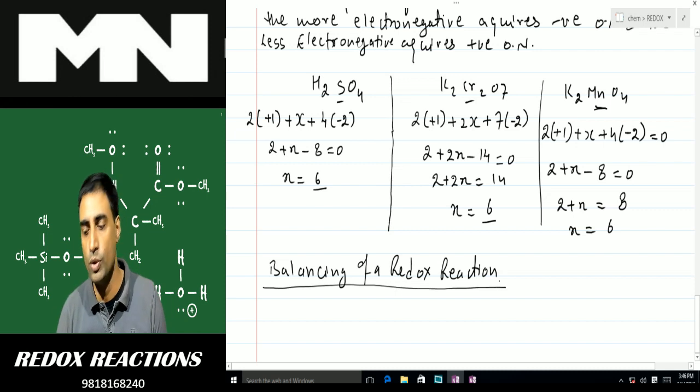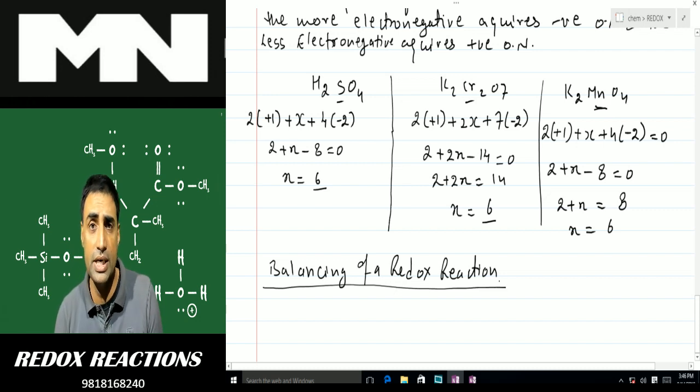In 10th standard, you are basically sticking to the law of conservation of matter. That means the number of atoms of any element on the reactant side should be equal to the number of atoms on the product side. Here in this case, you will not only balance the number of atoms, but along with that, you will also balance the charges on both the sides. You'll also balance electrons on both the sides. So we have got a different set of rules for that.